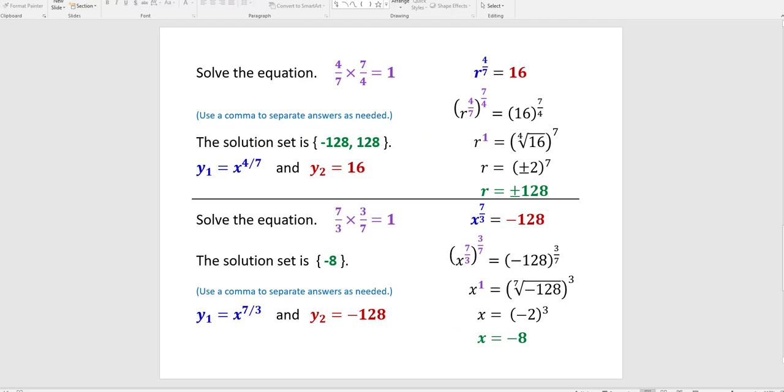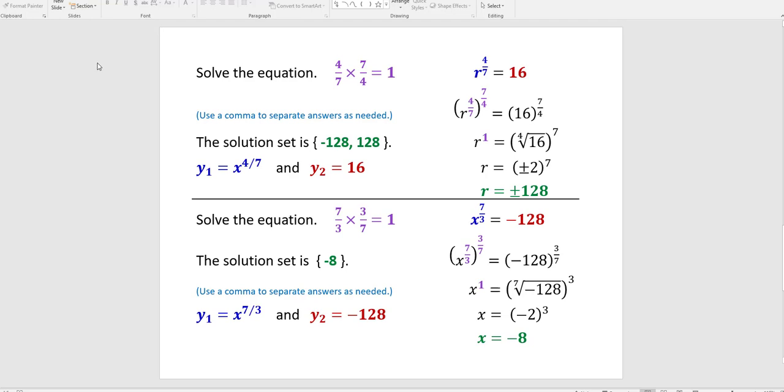There are 2 things you need to remember when solving the equations on this page. First, to remove the rational exponent from the variable, you need to raise both sides of the equation to the power of the reciprocal of the rational exponent.